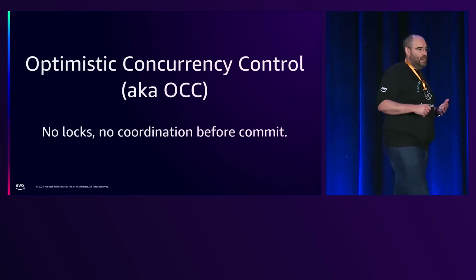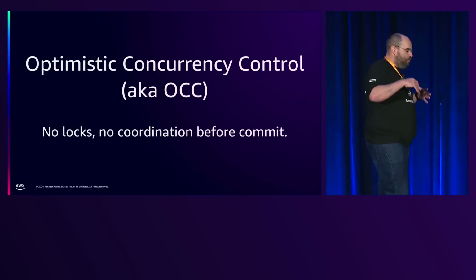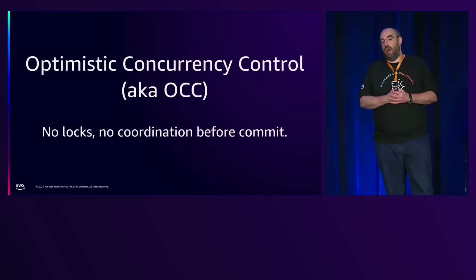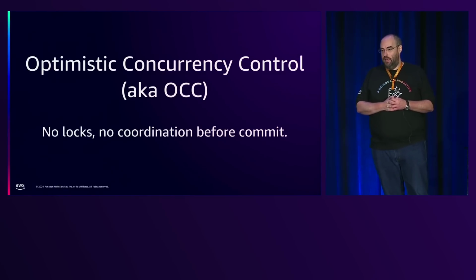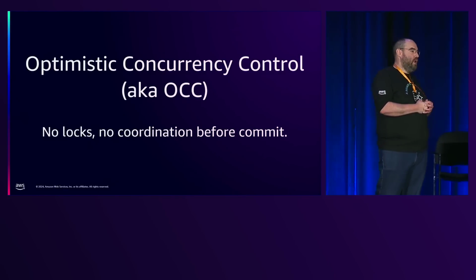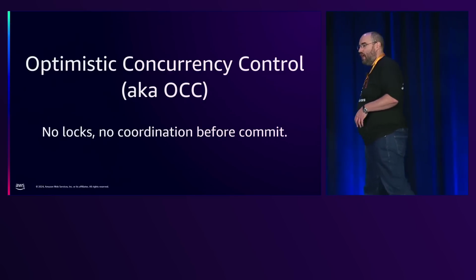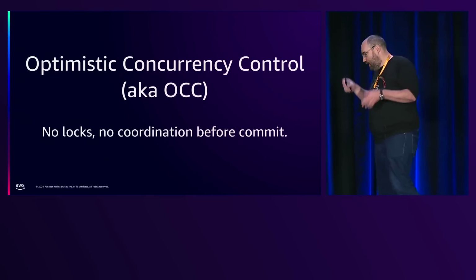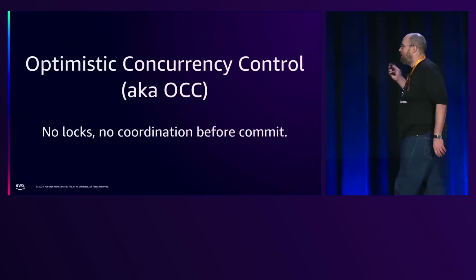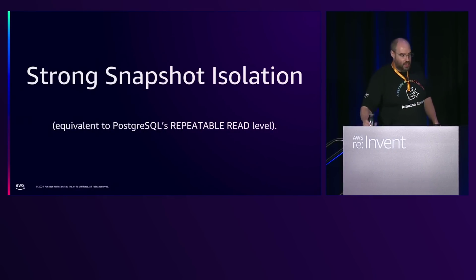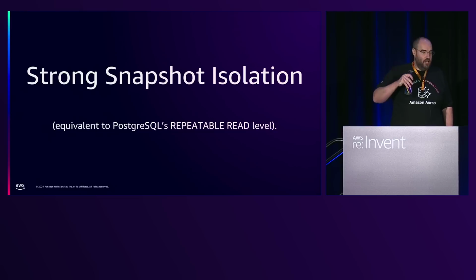That is a set of isolation rules that makes you able to pretend that there are no concurrent transactions in the system. At the other end of the spectrum are super weak isolation levels, like read uncommitted. That is just kind of YOLO transactions. We don't really need them, we're just going to do statement by statement. What we've chosen for DSQL is a level of isolation called strong snapshot isolation.